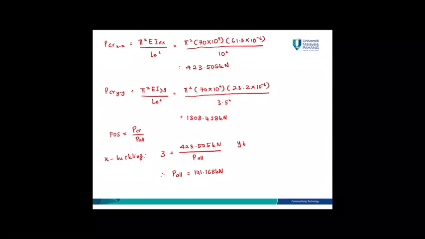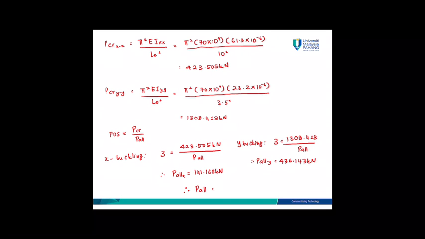And for Y buckling, 3 is equal to 1308.428 divided by P allowable. Therefore, P allowable for Y axis is equal to 436.143 kilonewton.